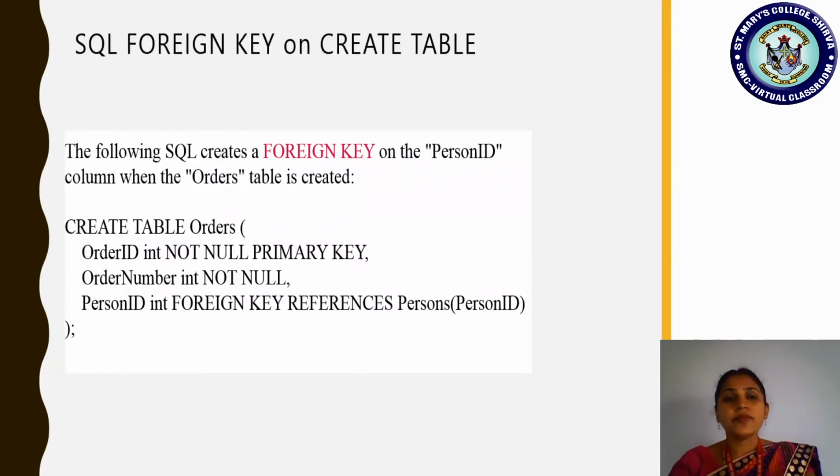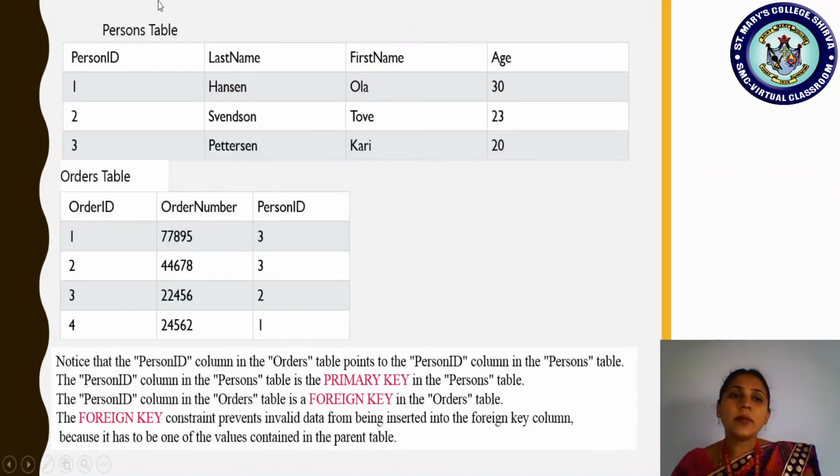So let us check how the foreign key is declared in a table. Assume that you are creating a table. Observe this example: the person table is already existing. Now we are creating an order table.